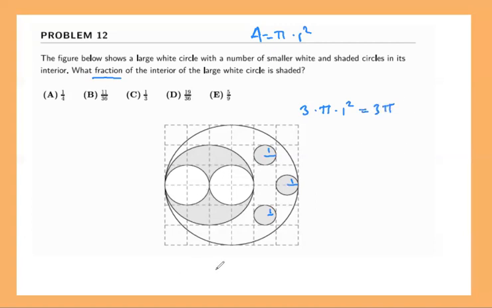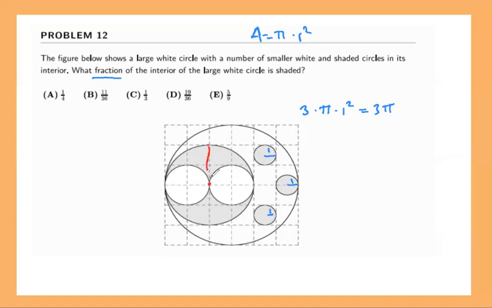What we also want to find is this shaded region and this shaded region, but we do not have any nice formula for this kind of region. We can find the area of this circle and subtract the area of this circle and the area of this circle. To do so, I like to find the center of the circle that has shaded parts.